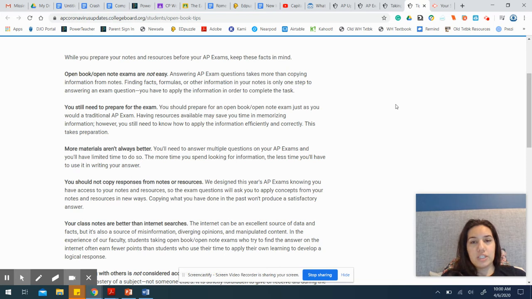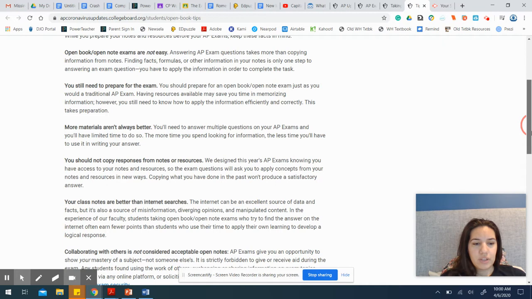It is really good to have those study guides with you, as well as key concepts and their definitions. They will be a lot faster to have out in front of you than trying to search for things, because again you only have 45 minutes to review the documents and write an essay. It's a lot going on, so you'll definitely want to have everything ready.